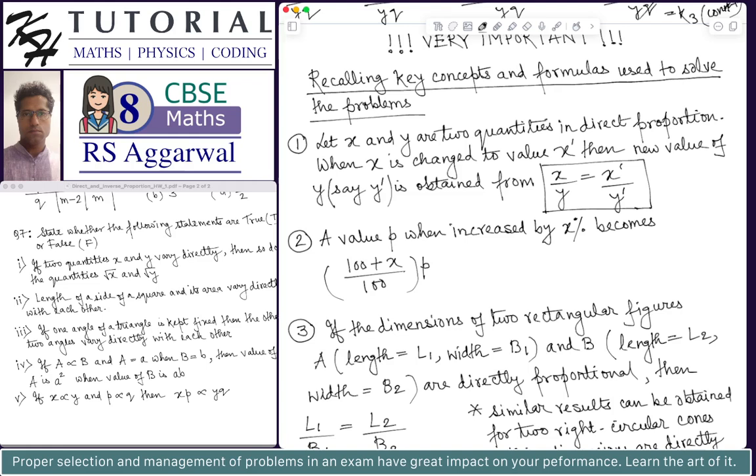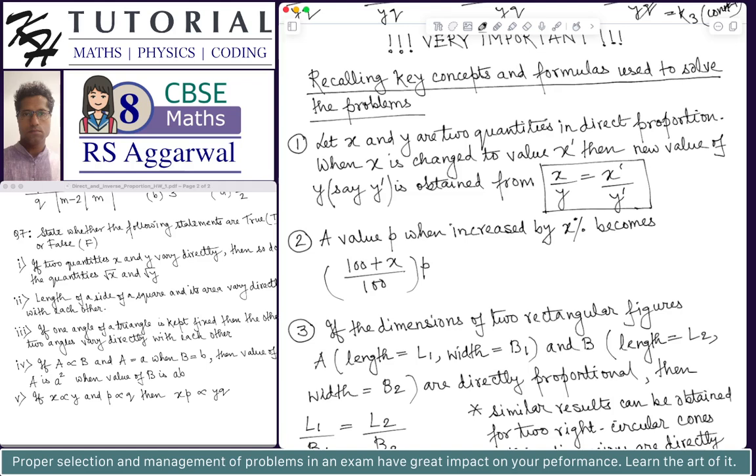Now we already know x dash, so from this equation we will get y dash in terms of x and y and x dash. Usually it will be the case that x dash will be expressed in terms of x. So from both sides, x will get cancelled out and you will get y dash in terms of y.